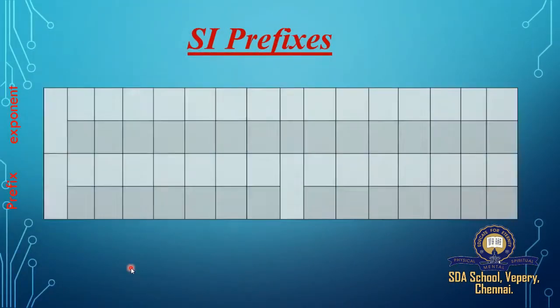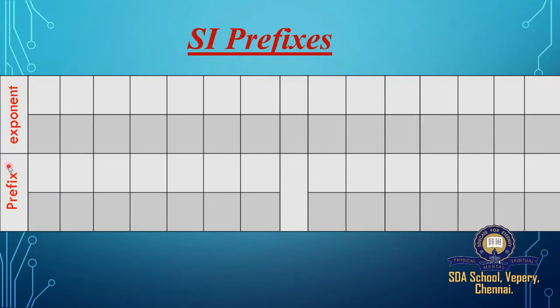In this tabular column, we'll have it as prefix and exponent. It will be easy to identify the exact prefixes with the exact exponent. So let's move on to the prefixes. There are a few prefixes which have been tabulated here. Let's start with peta.